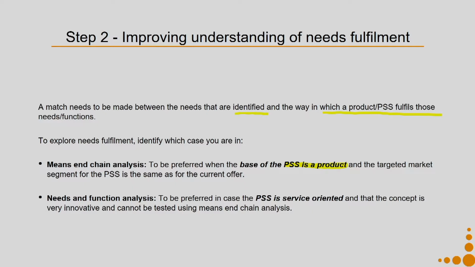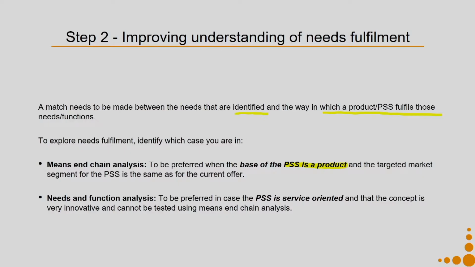When I am in a product oriented PSS, and my target market segment is the same as that of the current offer from the company, then a means end chain analysis is good enough. When my PSS is service oriented, and the concept is very innovative and cannot be tested using means end analysis, then a needs and function analysis should be done.